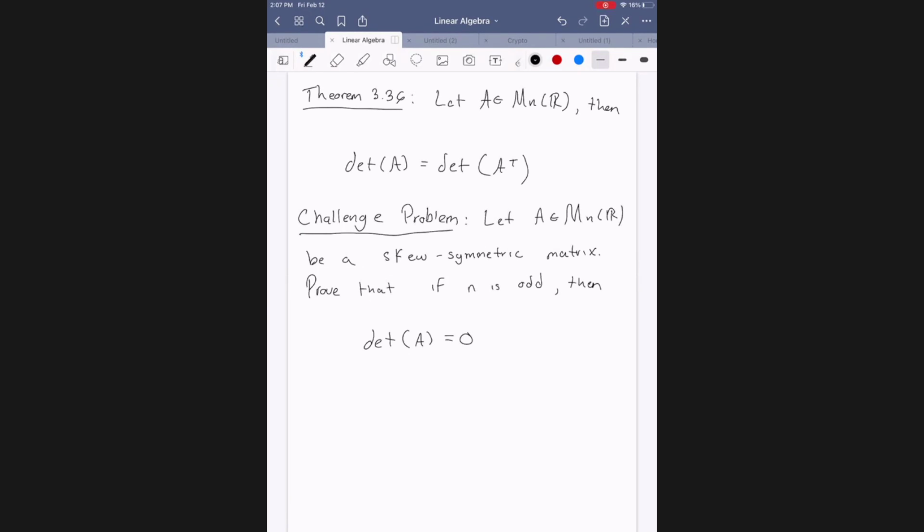Now we're going to go over the next section, which I think has a ridiculous title because there's really no point in this one. So section 3.4, but I have to go over it anyway. This one is applications of determinants.